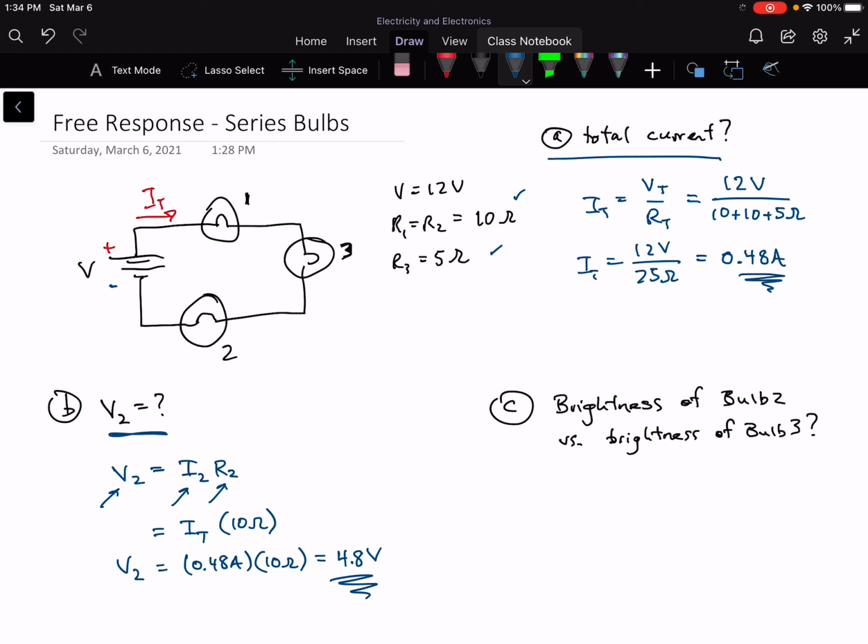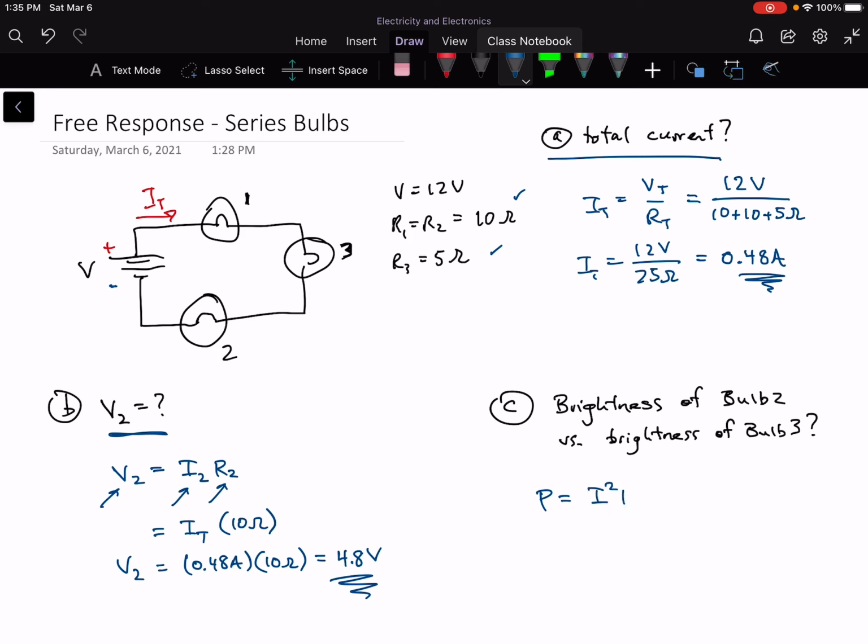Now for C, the brightness of bulb 2 versus the brightness of bulb 3. Now they receive the same current, so a snap response might be, well, then they're going to have the same power being delivered to them, and they're going to be the same brightness. But we want to look a little bit closer at Watt's law, right?